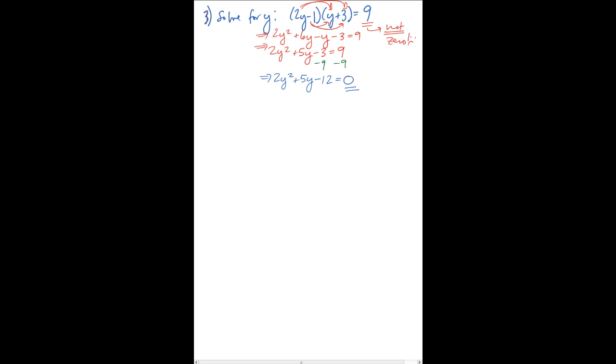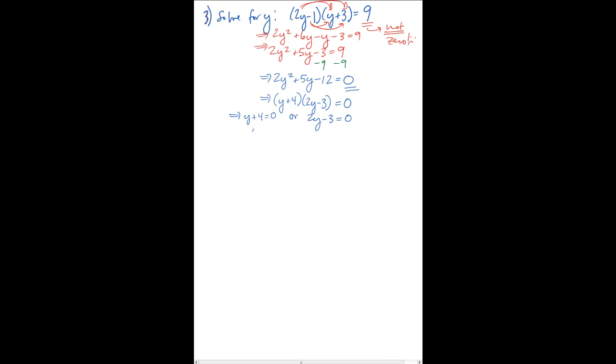Because we know the only way to multiply two things together and get 0 is if at least one of those things is 0. So if we factor the left-hand side, we'll get y plus 4 times 2y minus 3 equals 0. And now we can go ahead and use the 0 factor property. This tells us that y plus 4 equals 0, or 2y minus 3 equals 0.